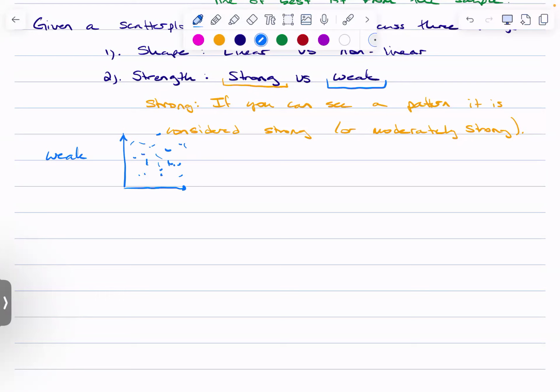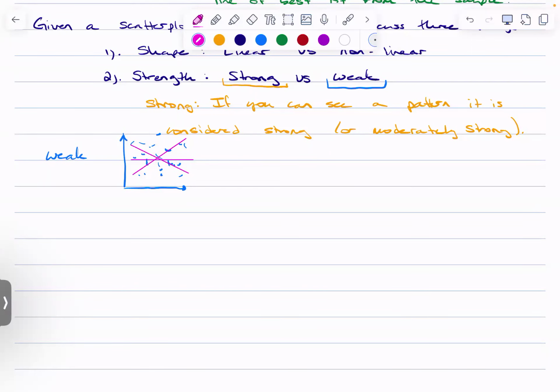The problem with this relationship is I could draw a line of best fit like this if I wanted to, or I could draw it like this. If I let it draw itself, it would probably look like this.